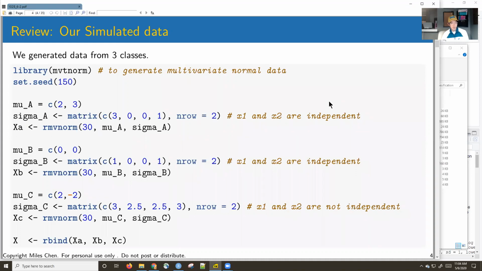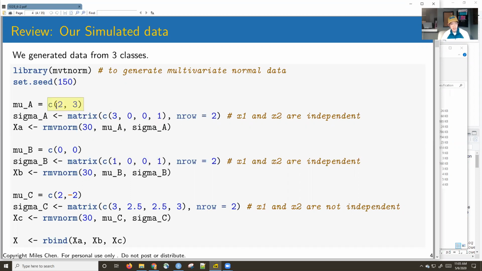let's review our simulated data, okay? What we've done is we've generated data using the multivariate normal package. For two of these, the covariance matrices are diagonal, indicating that x1 and x2 are independent.